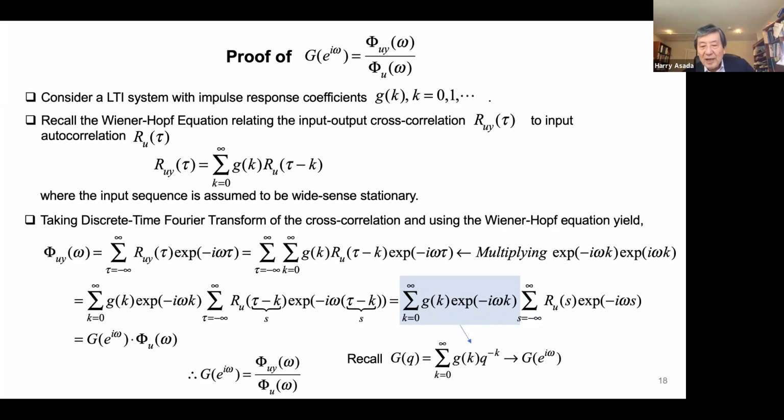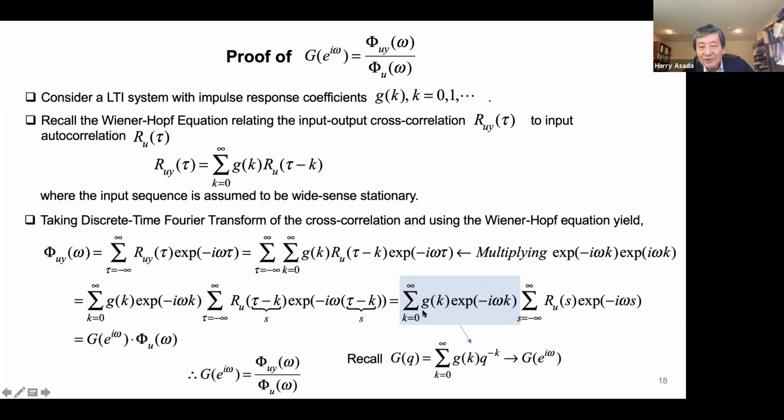So if you replace this q by e^{i omega}, this becomes the frequency transfer function G(e^{i omega}). If you do so, this q must be replaced by e^{i omega}. That turns out to be this guy, exponential minus i omega k, right? k is picked up from here together with the minus.